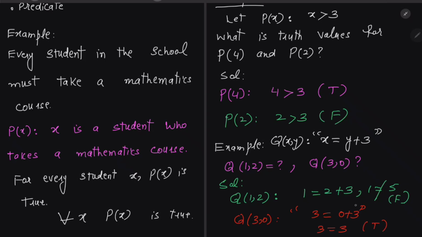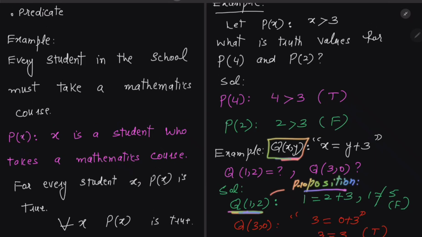As you can see, when we put the values for x and y, then we can say that the statement is false or it is true. So individual values give you a proposition, and the definition of a proposition is that it is either false or true. So that's why this function is also called a propositional function. Q of x, y is a propositional function.